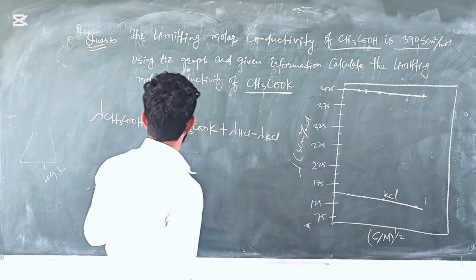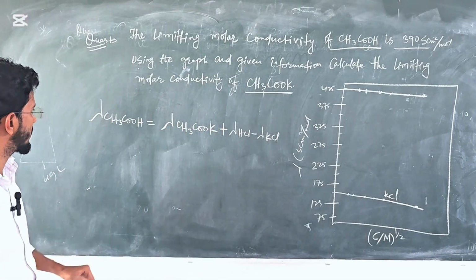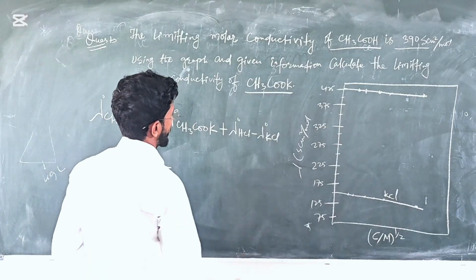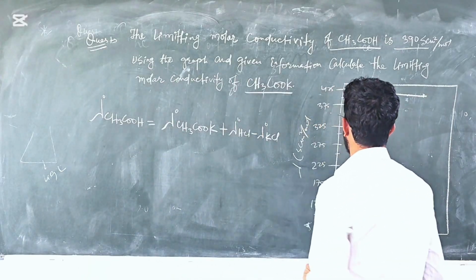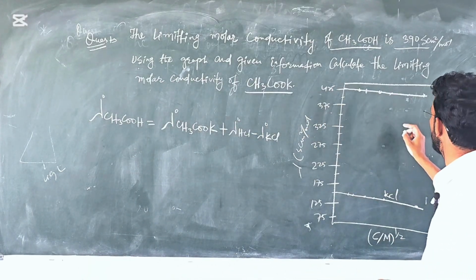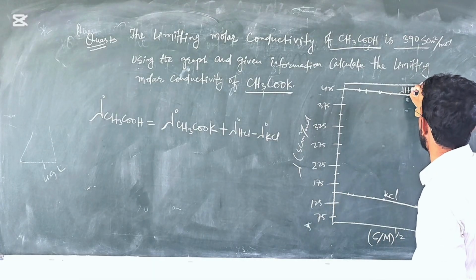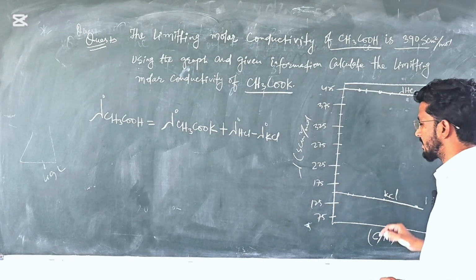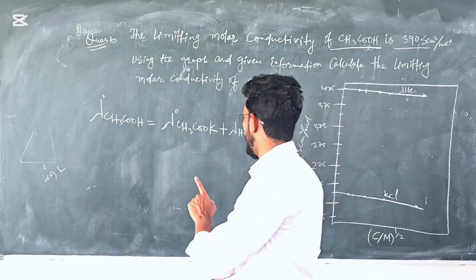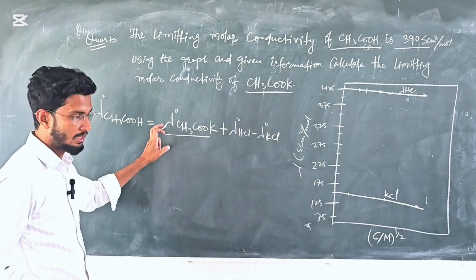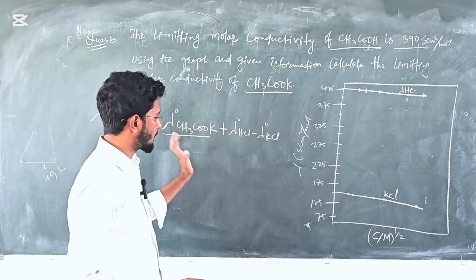Okay, from here we get the value of lambda CH3COOH, that is the infinite dilution molar conductivity. Now this value is given for HCl, lambda HCl, and this is the KCl value. From here we have to find the value of lambda CH3COOK, that is the molar conductivity of potassium acetate.